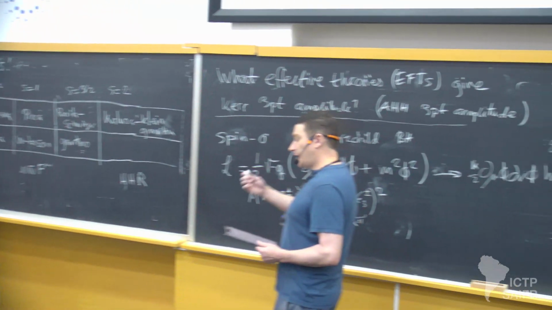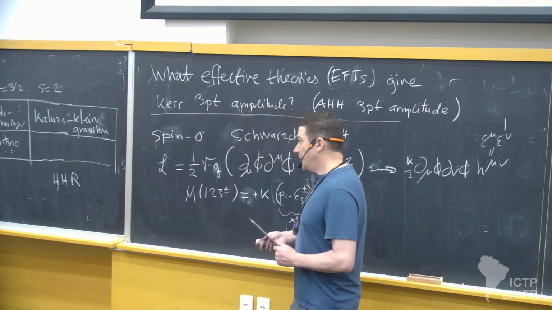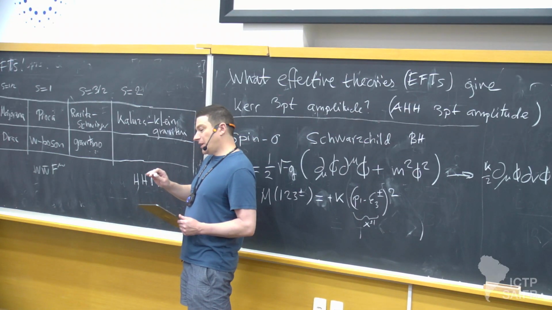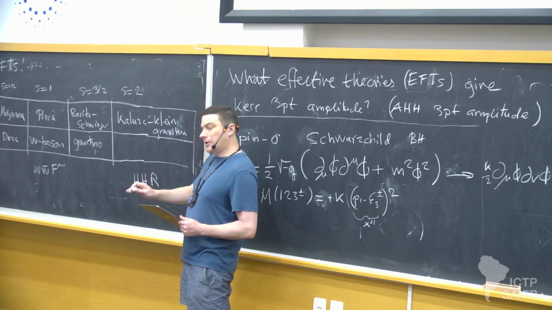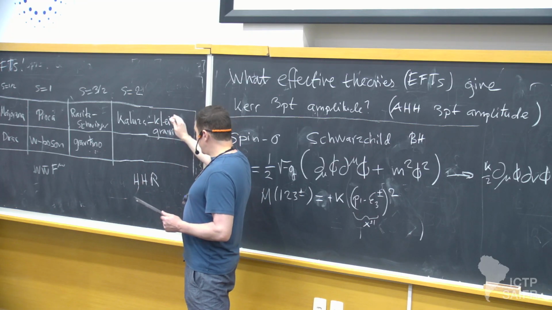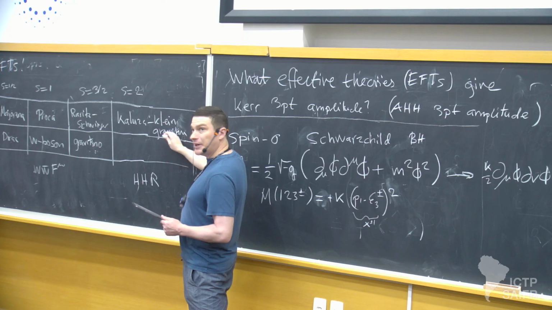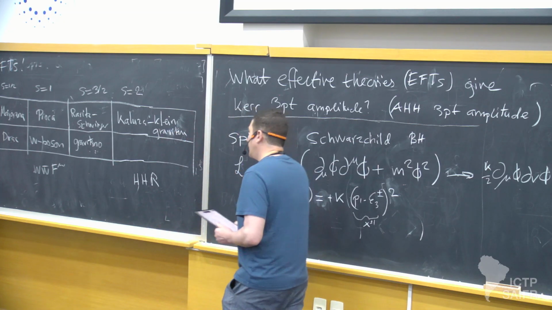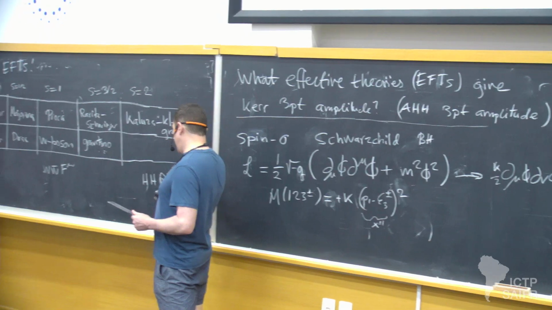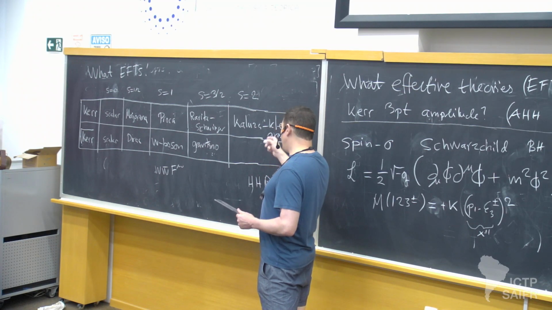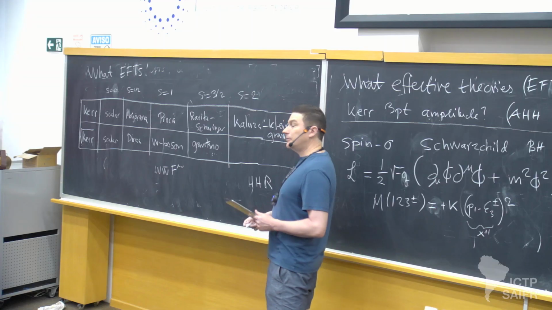And so if you don't covariantize the Fierz-Pauli in the right way, then you don't get this term. So if you take the Fierz-Pauli paper and read their action verbatim, then it actually does not give the Kaluza-Klein. But if you do some shuffling around of the derivative using integration by parts, then you can get the Kaluza-Klein gravity action.